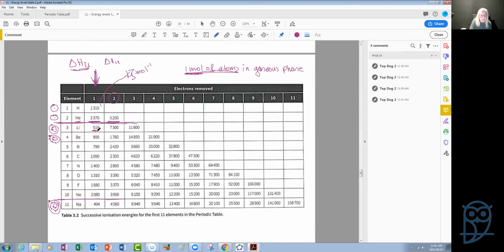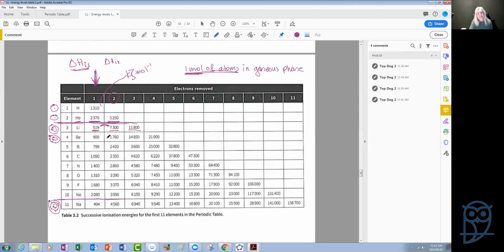To remove the second one, we need to supply 7,300, which is a big gap. I mean, a big jump from 500 to 7,000, and then 11,000 and so on. So here we see a very big gap. Let's see further down. From 900, we go to 1,760, then we go to 14,850.